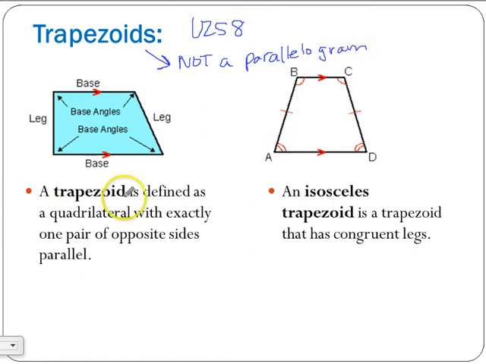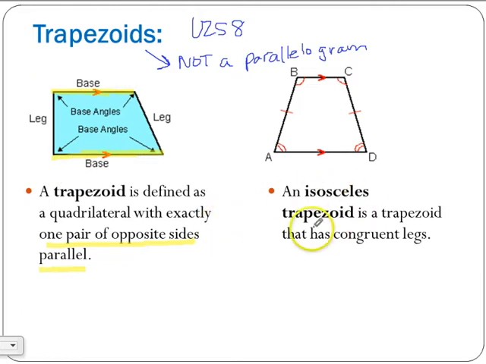What is it? A trapezoid is a type of quadrilateral, and it has exactly one pair of opposite sides that are parallel. So it's different than a parallelogram, because in a parallelogram, all opposite sides had to be parallel, whereas here, only one set needs to be parallel.